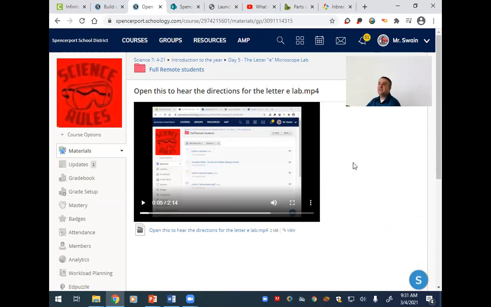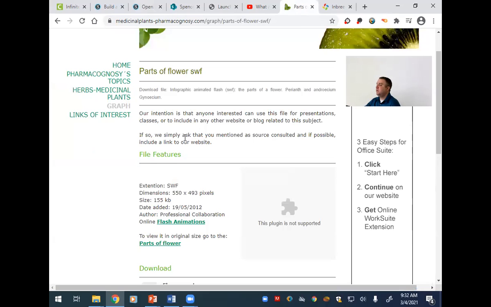Adobe, just by chance, decided that their Flash player would not work anymore. It was not up to date. It would possibly allow viruses, and Adobe discontinued the use of Flash player. So for the past 10 years, we've had sites where you could go and do interactive labs. Like this one right here was looking at the parts of the flower, and you could pull the petals off of the flower, and you could see where the anther is and the stigma and all the different pieces of the flower, really interactive.